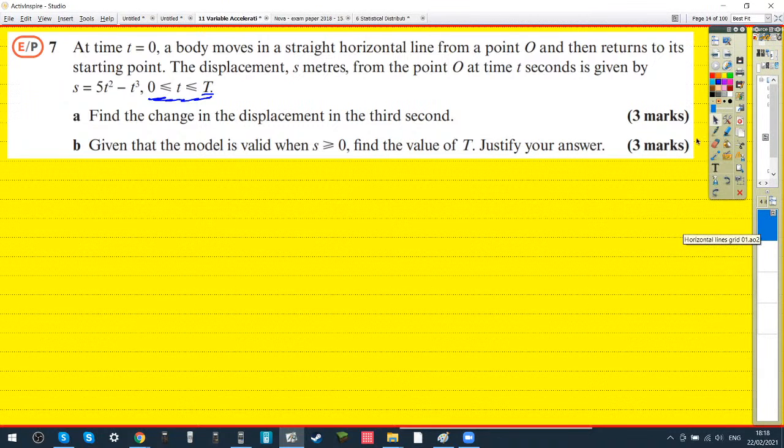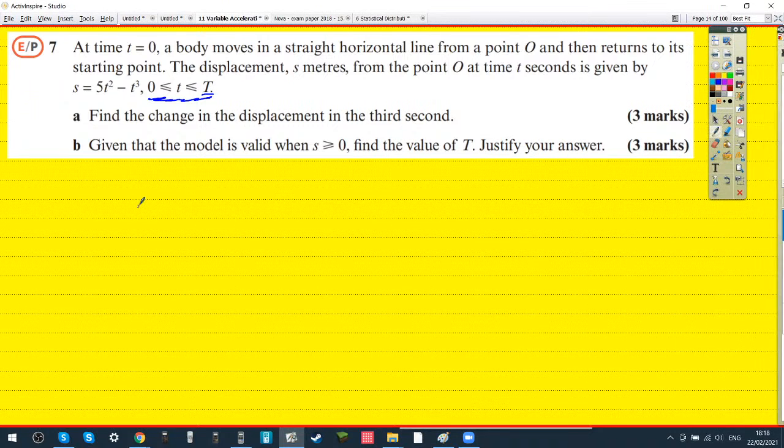I think you could. However, let's think about this. I'm going to write it the other way. 5t squared minus t cubed is equal to s. They're saying s is greater than or equal to 0. So therefore this thing must be greater than or equal to 0. Oh, I can just put it into my scientific calculator with the inequalities function.